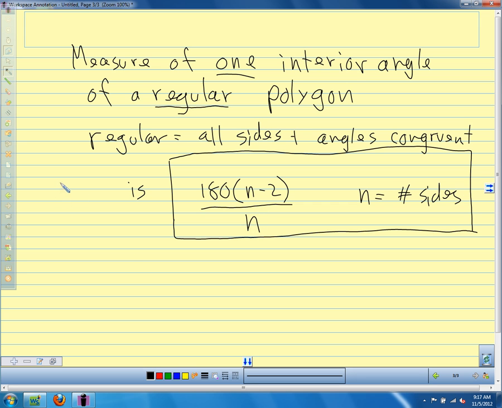So this is our second important formula of the day. Our key words for this problem: and, a, one, each. So if we're looking for one interior angle, an interior angle, or each interior angle, we're going to use this formula: 180 times n minus 2 divided by n.